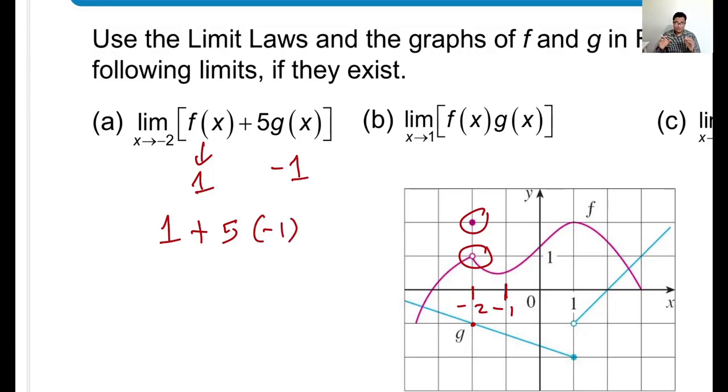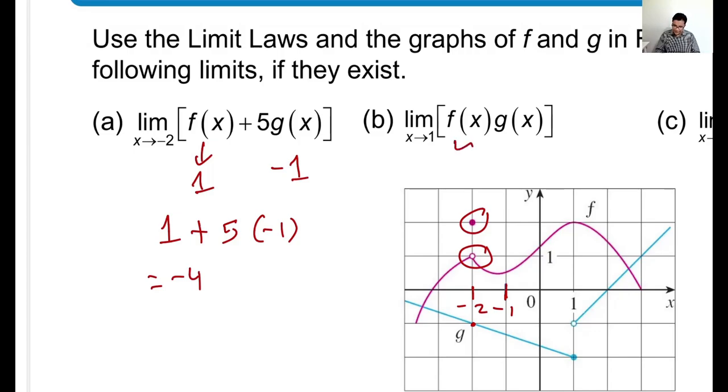But if you are showing detailed work, you will break it down into 2 steps. First, use the sum law to separate the limit of f(x) plus the limit of 5 times g(x), and then you can extract the 5 out of the limit by using the constant multiple law, and the end result will be -4.